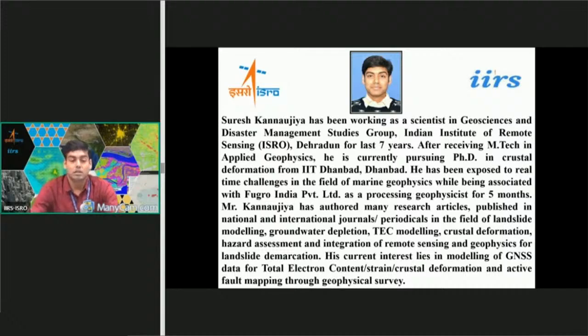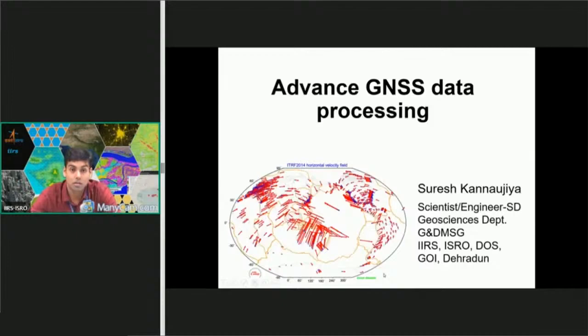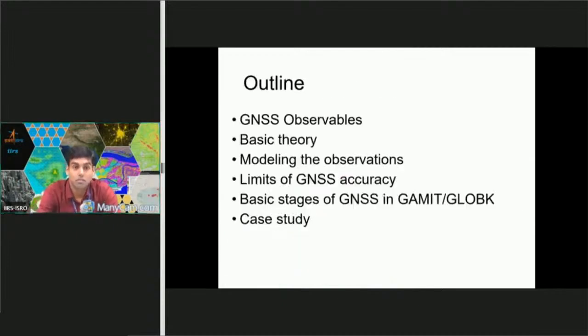Today's lecture is advanced GNSS data processing. Here is the outline of the lecture. GNSS observable, basic theory. Then we will move to modeling the observations and limits of GNSS accuracy, basic stages of GNSS in GAMIT and GLOBK.